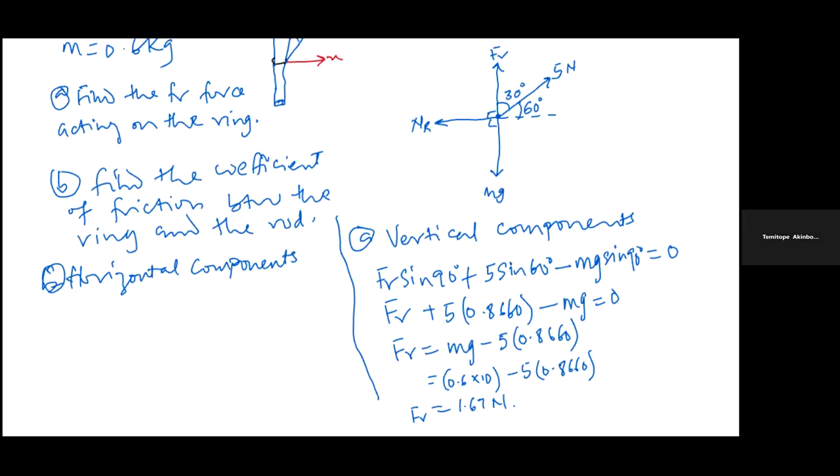So let's take the horizontal component. If you had considered NR here, NR is perpendicular to the x-axis, so it would have been NR cos 90, which is 0, so it will go off.